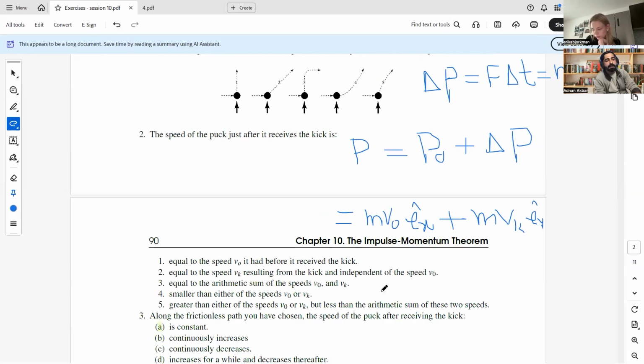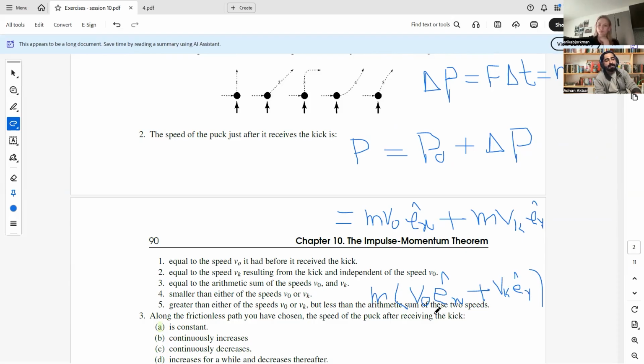And you can take the common mass, then our relation will become m times v naught e x unit vector plus vk e y unit vector.